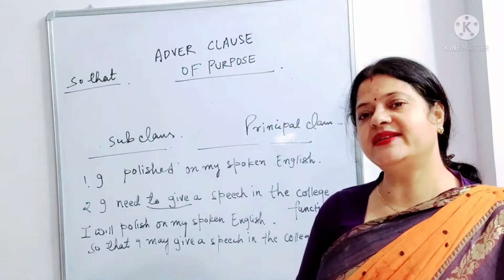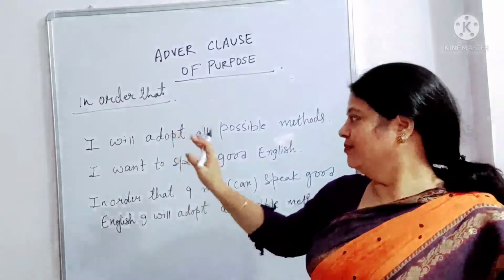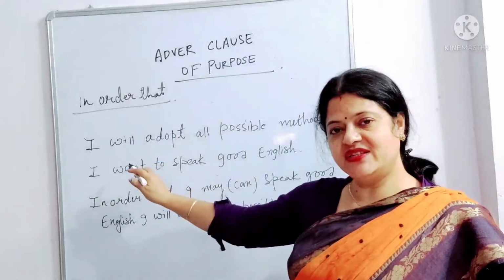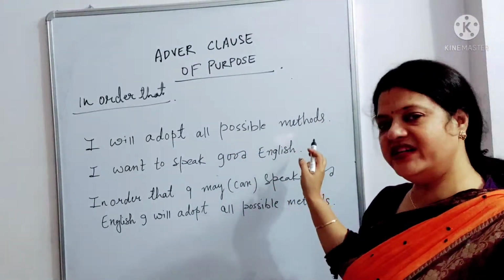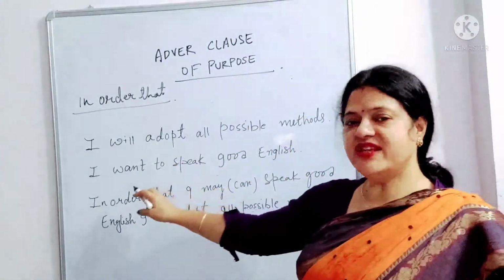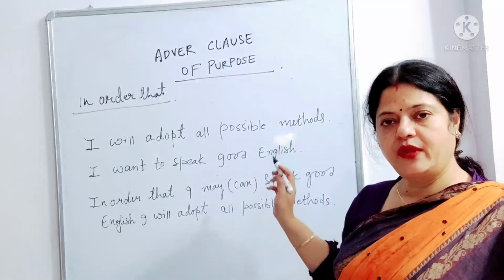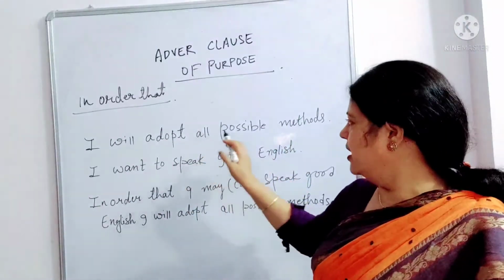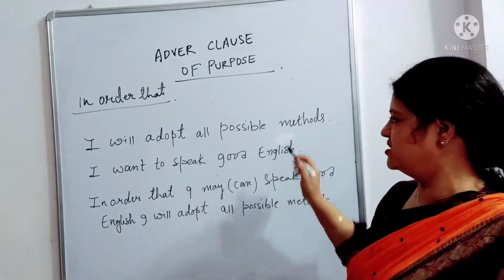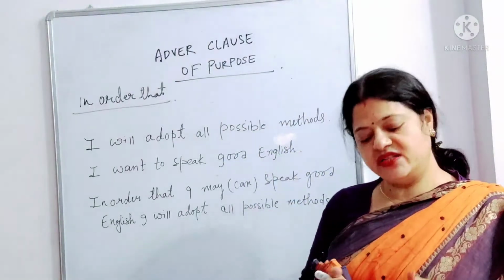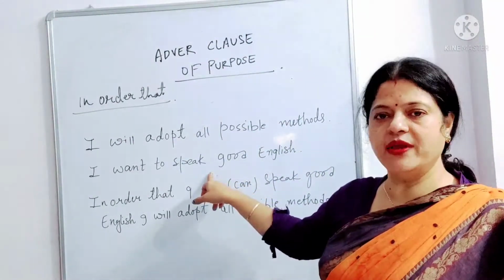Now let's see another example. I've written the next sentence on the board. First sentence: I will adopt all possible methods. Second sentence: I want to speak good English. Which of these two sentences is showing purpose? The second sentence is showing purpose.